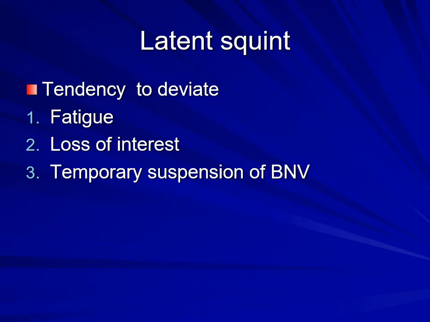He has squint whenever he is exposed to fatigue or loss of interest, and when we make him, by examination, suspend the binocular vision. So this tendency to deviate is avoided by the strong desire for binocular vision. So latent squint happens in older age groups with well-established binocular vision.